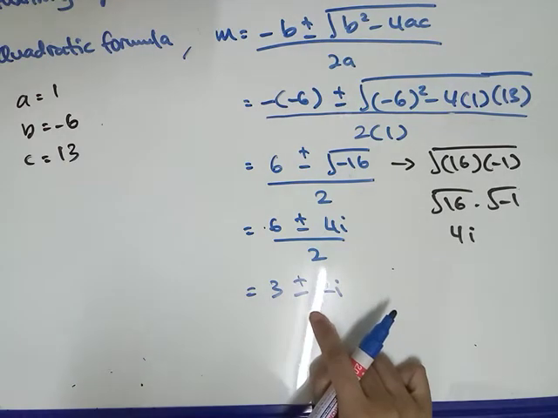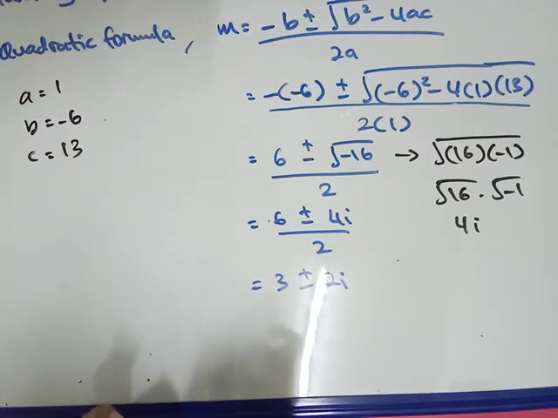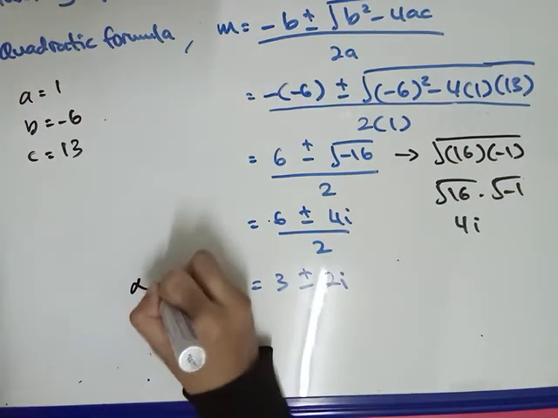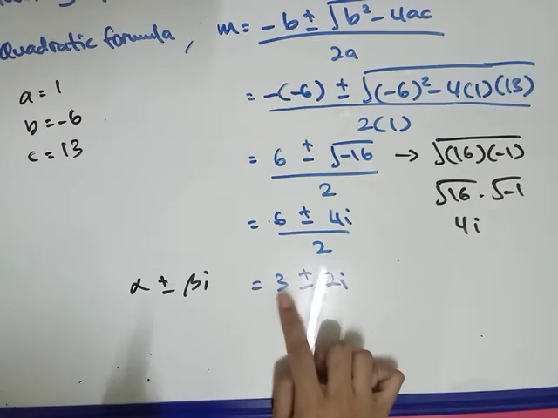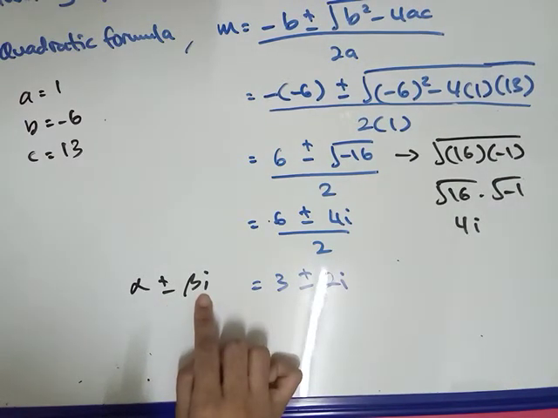Roots for m in case 3. Okay. So, we know that kalau in general form, a plus minus bi. So, we know that a is alpha. Sorry, bukan a. Alpha. Alpha plus minus beta i. Okay.